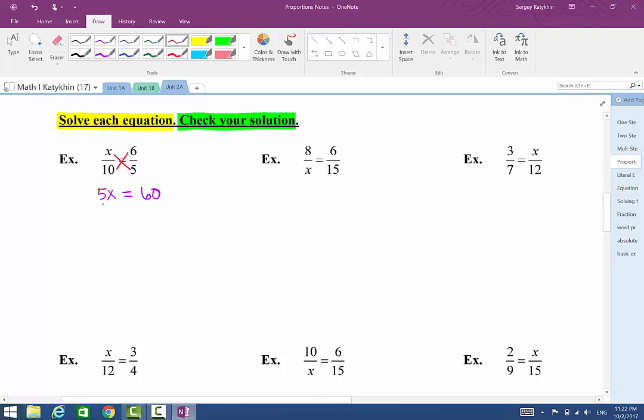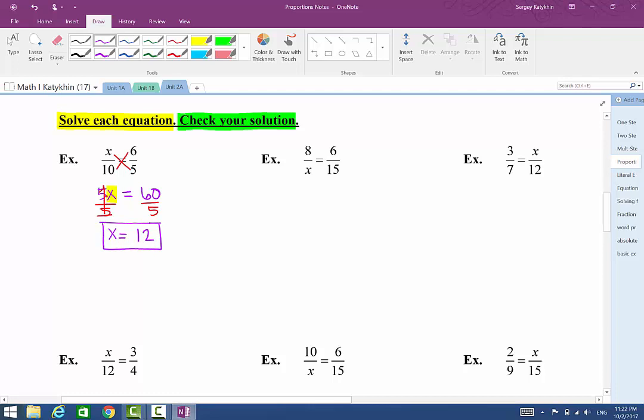To get x by itself, remember we need to highlight the variable we're solving for. It's being multiplied by 5, so the opposite is to divide by 5. 5 divided by 5 will be positive 1, which leaves you with x equaling, and then 5 goes into 60 12 times, so we get 12 as our solution. So x is equal to 12.